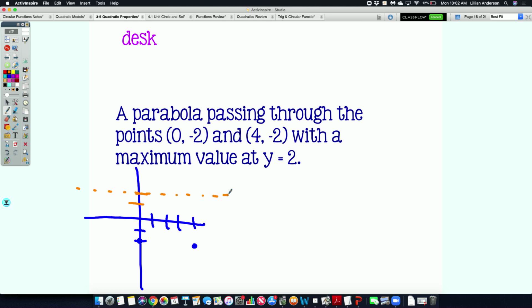What's the x-coordinate of the vertex? 2, because it's the halfway point between (0, -2) and (4, -2). And because it has a maximum value at +2, (2, 2) is your vertex. Do I have enough information to write my equation? I sure do. The easiest way to write this would be starting in what form?